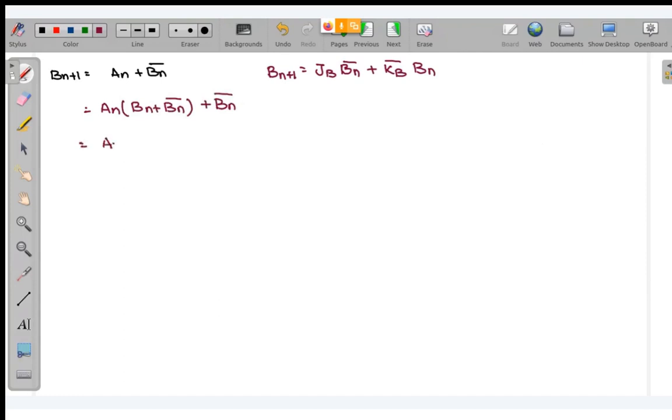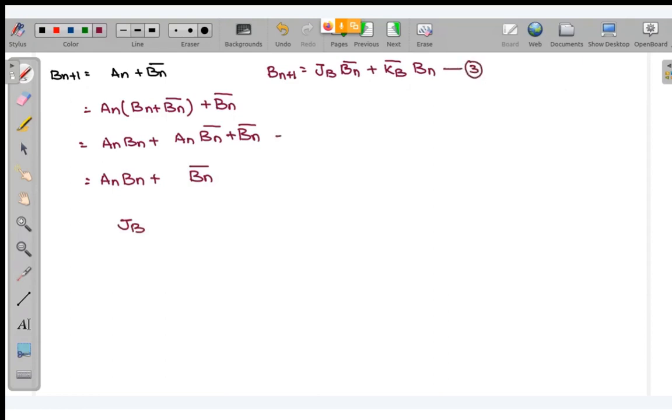So this will be An Bn plus An Bn complement plus Bn complement. So this will be An Bn plus, if you take common, 1 plus An, so this will be Bn complement. Okay. So you can see JB is also equal to 1 if you compare these two.